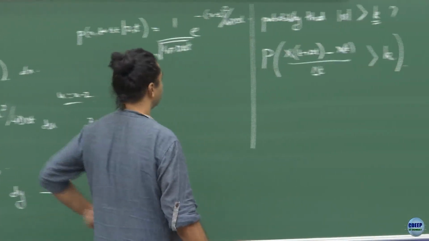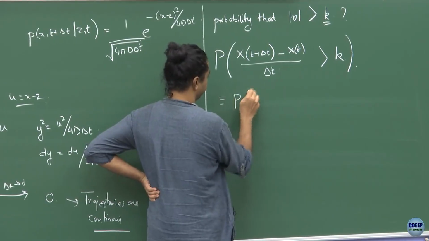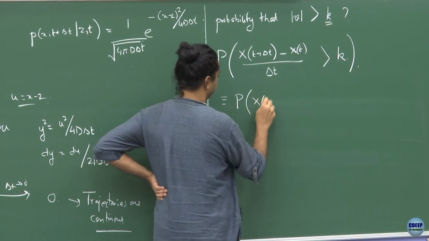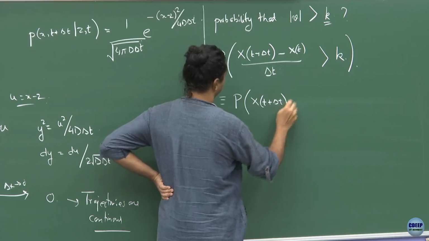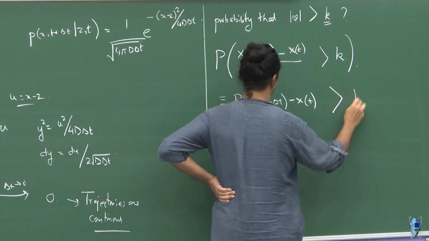Equivalently, I am asking what is the probability that x at time t plus delta t minus x at time t is larger than k delta t.